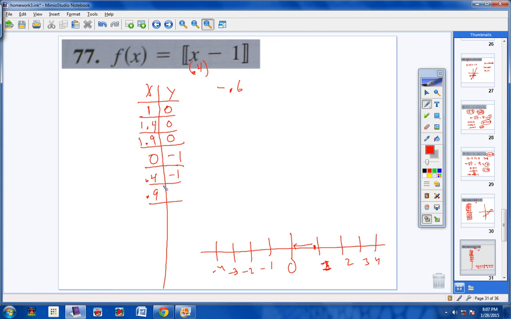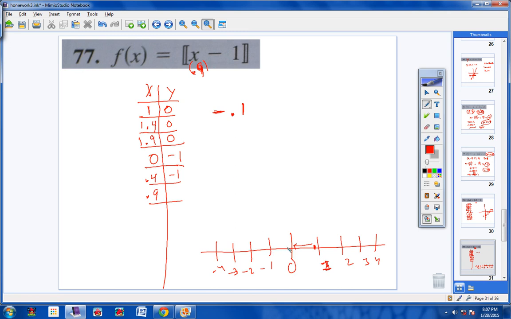Now let's put 0.9 in for x. So here's 0.9 minus 1. Sorry about that, students. 0.9 minus 1 is going to give you a negative 0.1.